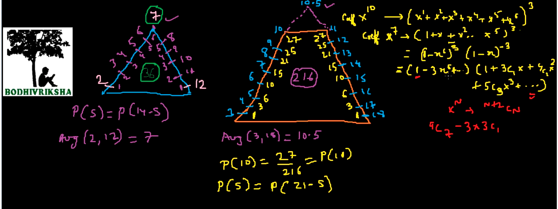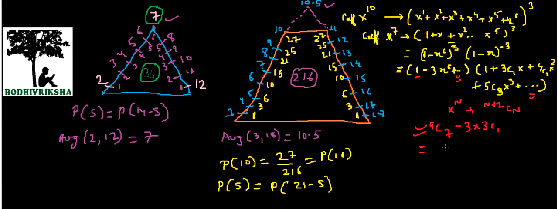If you look at the third term onwards in the first expression, the power is higher, x to the power 12 onwards, which means we do not need to bother ourselves, because the highest power we needed was x to the power 7, and we are done. So this expression gives us the total number of ways of getting the sum as 10.